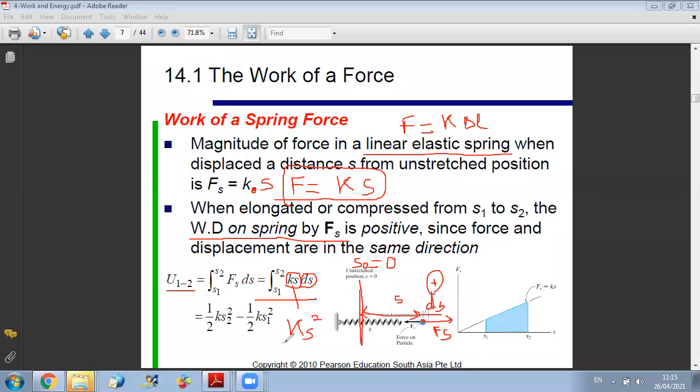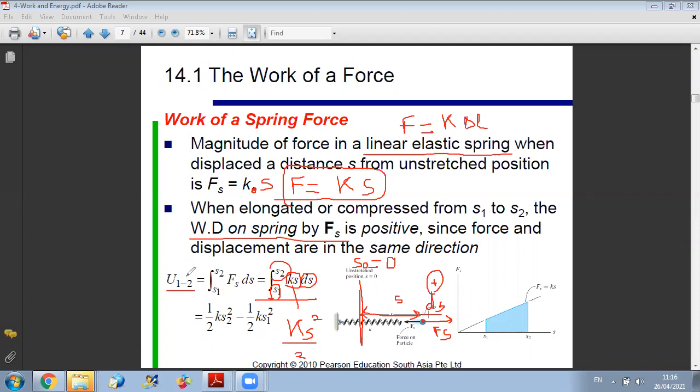Applying the two boundaries S1 and S2, I will get that the work done on the spring between 1 and 2 is half K S2 squared minus half K S1 squared.